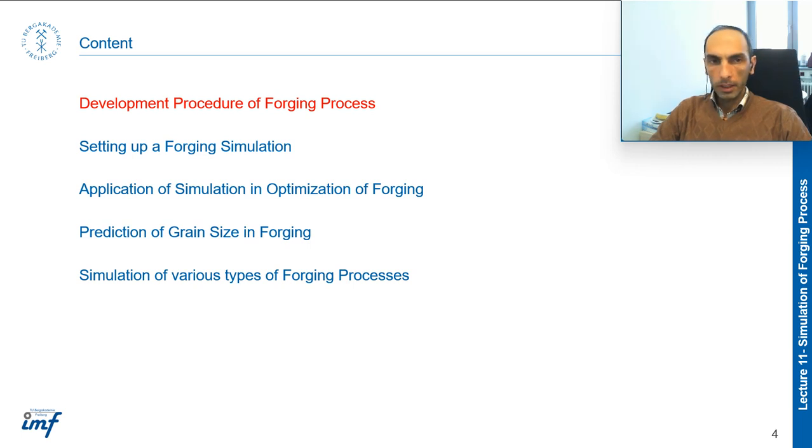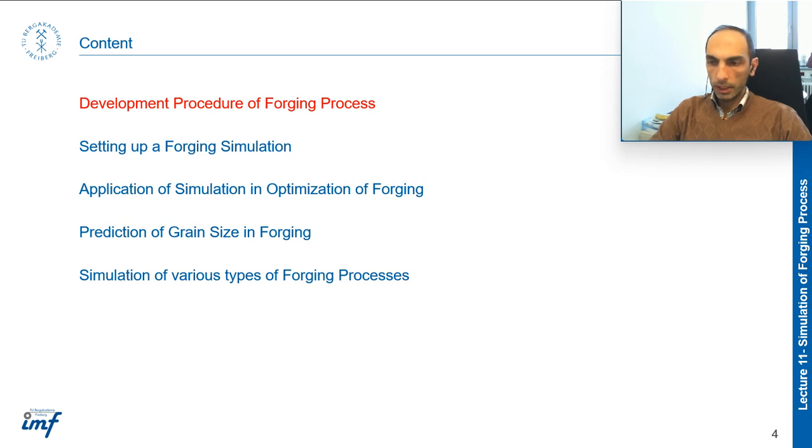Then I talk about application of simulation in optimization of forging. I bring some examples of how you can optimize or improve the forging process using simulation. And then we have a topic on prediction of grain size in forging.